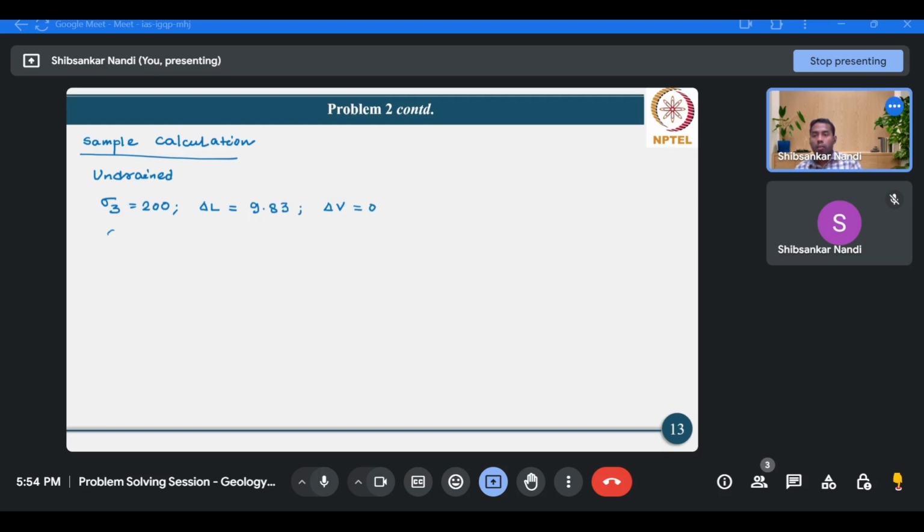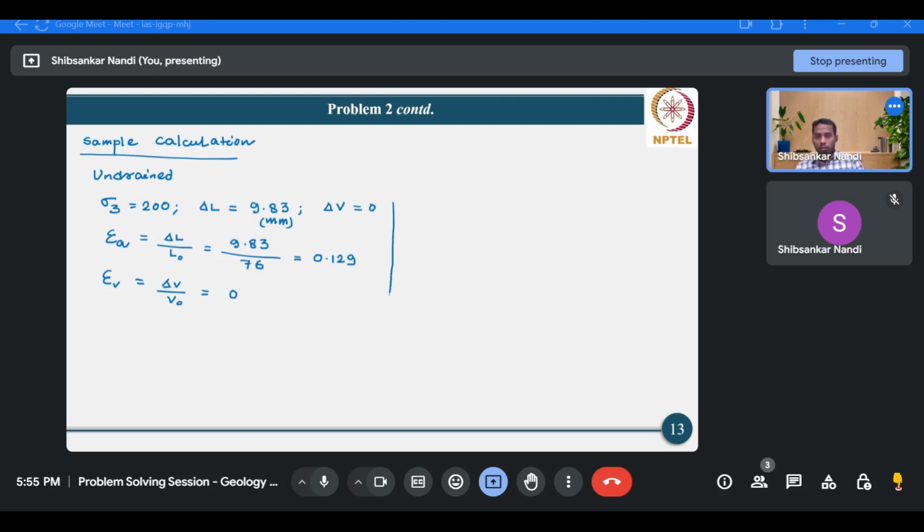We'll first calculate the axial strain and the volumetric strain. Axial strain is delta L upon L0, so 9.83 millimeter divided by 76, which is 0.129. And epsilon v, delta V by V0, is 0.